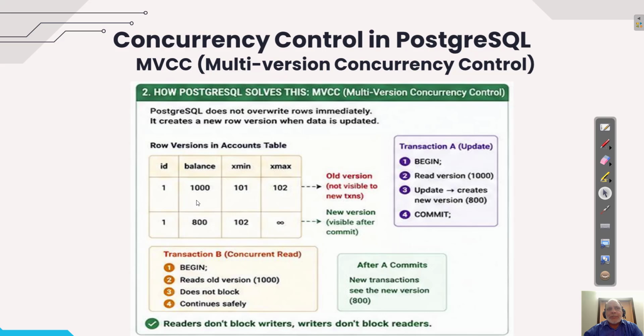ID1 balance is 1000, because the data is not yet committed. When the data is committed, after the commit statement is executed, another transaction will read the $800. So in this way, the Postgres database adds the new row in the database, but it is not available to the other transactions.